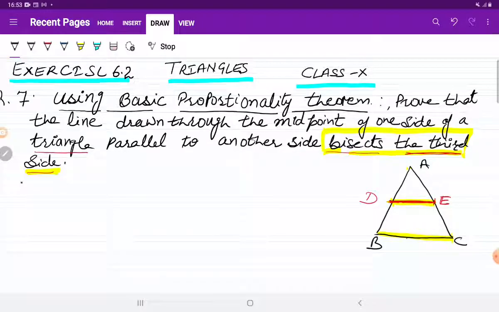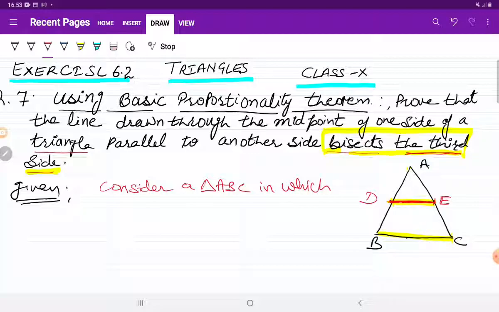So what is given? We'll write it here. Your given is: consider a triangle ABC in which D is a midpoint of side AB.